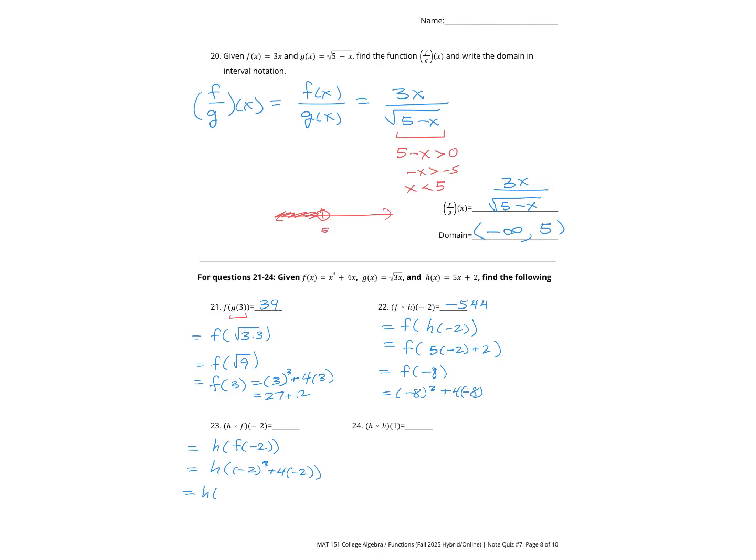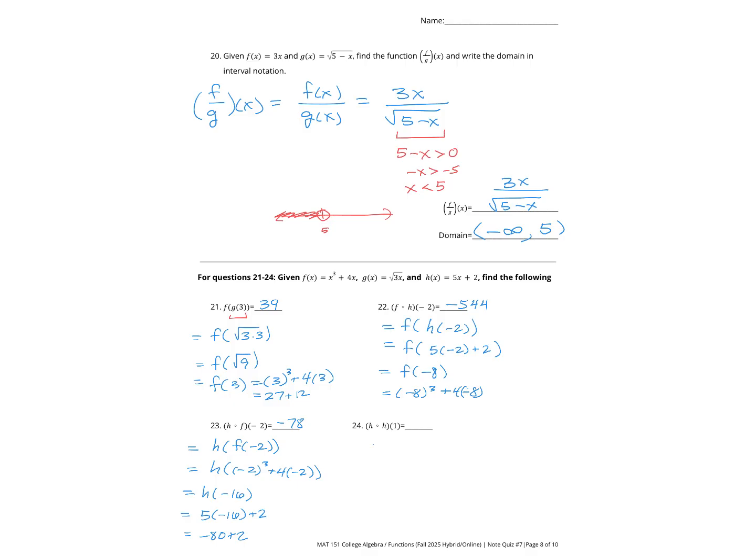Negative 2 cubed is negative 8. Take away 8 more is negative 16. And then h is going to give us 5 times that negative 16 plus a 2. So that's going to be negative 80 plus 2, and we get a negative 78.